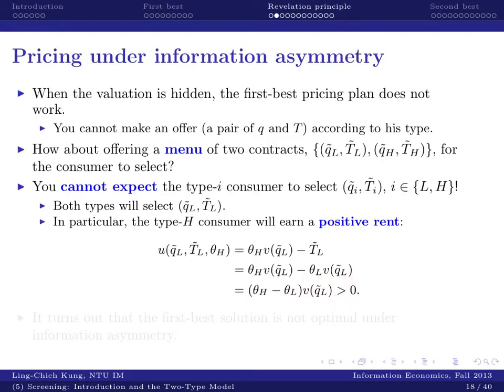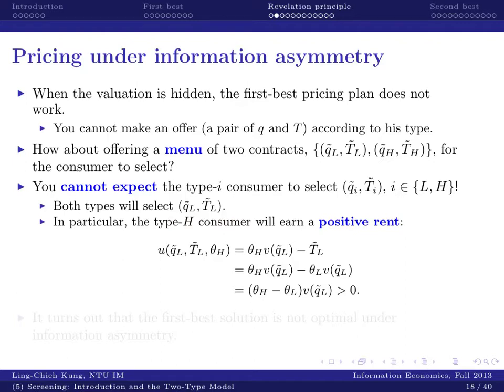And that's how you will get a simplification like this, and because theta H is higher than theta L, the type H consumer earns a positive rent by choosing the contract intended for the low type consumer.